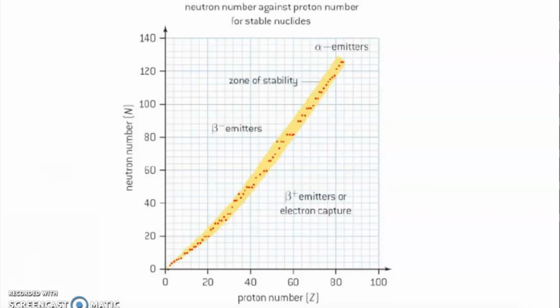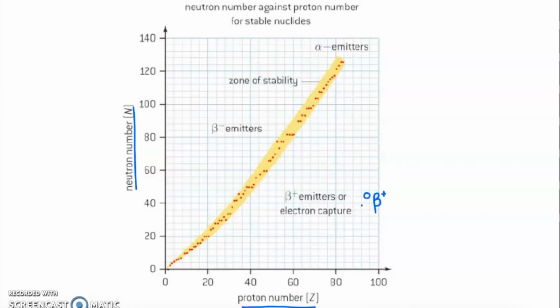In this particular graph, again, we have the proton number on the x-axis and the neutron number on the y-axis. And what's shown in yellow here is that zone of stability. That's where all of our isotopes want to get to. Now, if you're a beta positive emitter, you are going to be pushing out a beta positive particle.